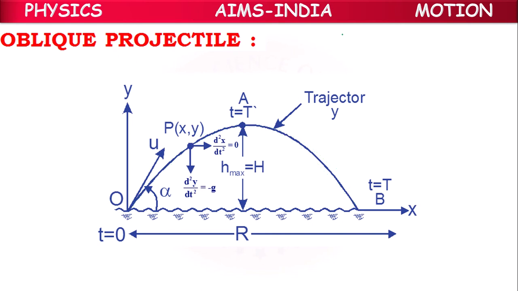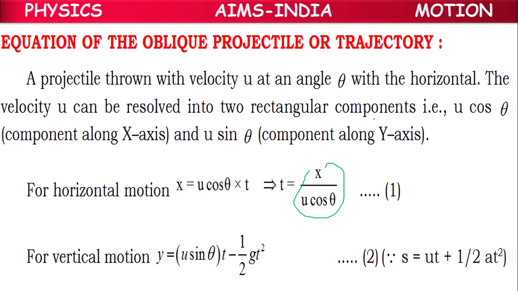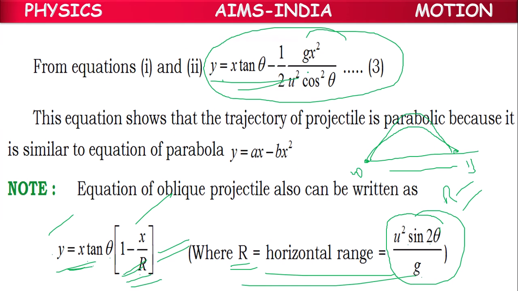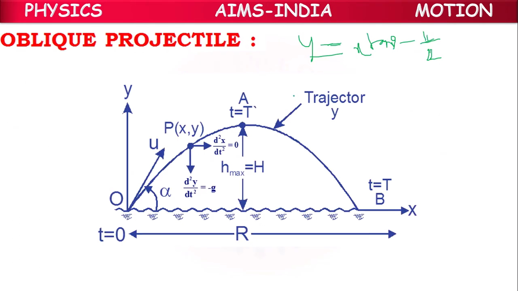One is y equal to x tan theta minus half g x square by u square cos square theta.